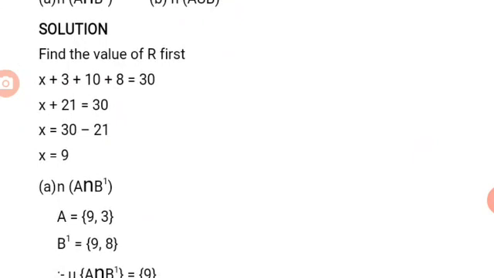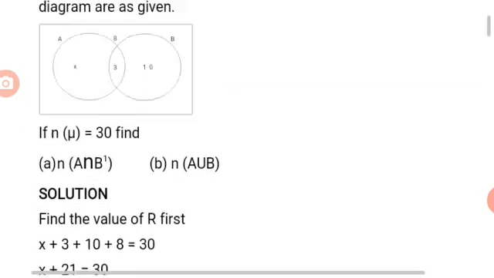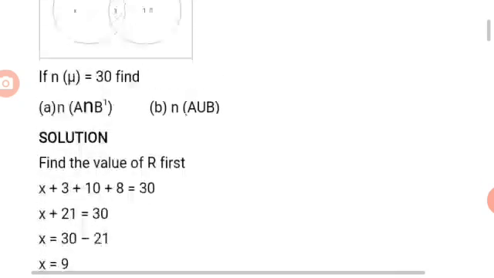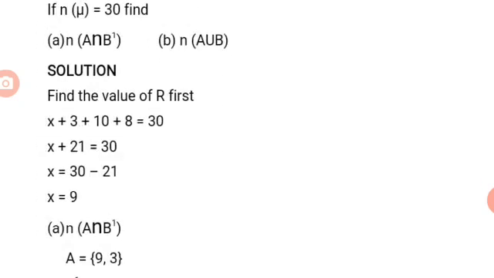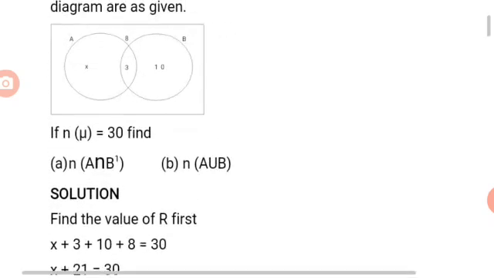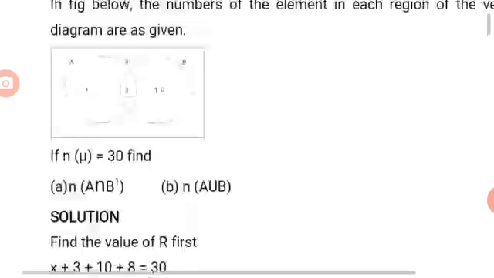So the number of A intersection B complement. Our A is 9 and 3, while our B is 3 and 10. But B complement will be 9 and 8.